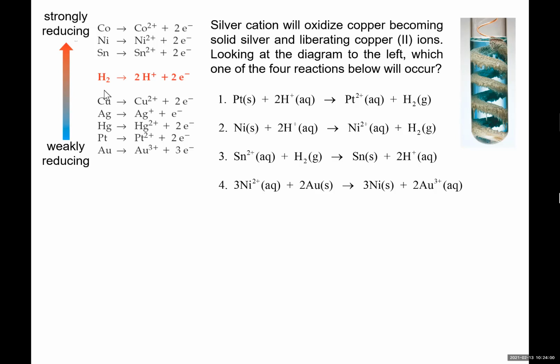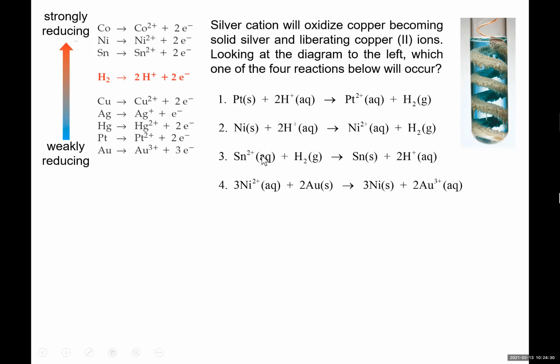If I want to decide whether this other reaction is possible, again, on the left-hand side, I have only one element, and that element is Ni. And the other element on the other side is hydrogen. Is nickel at higher activity relative to hydrogen? So this is nickel, and this is hydrogen. Yes, so this reaction is going to happen spontaneously.